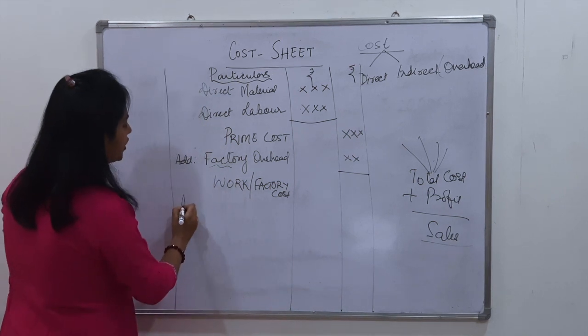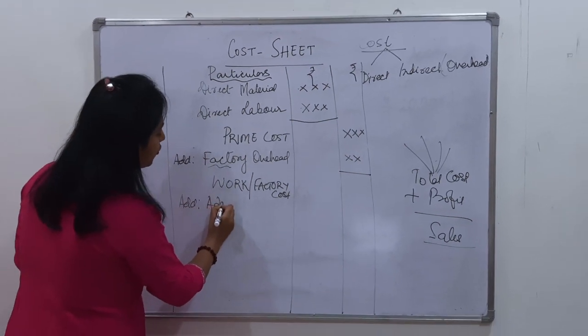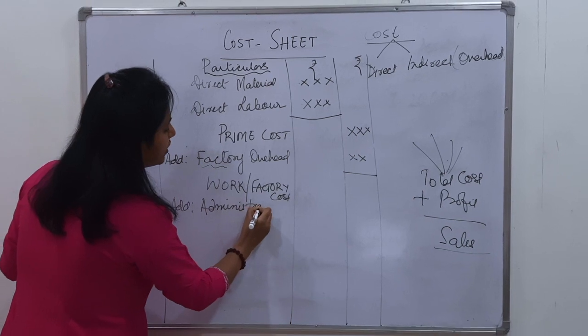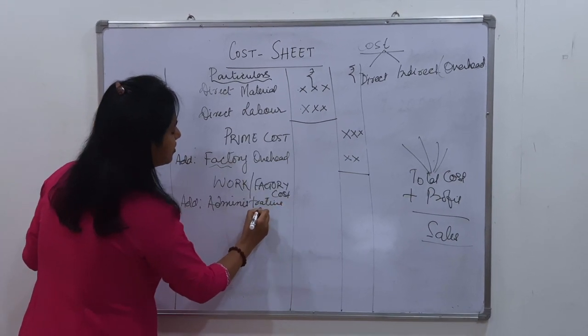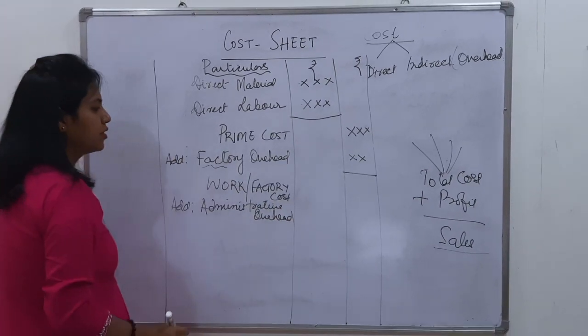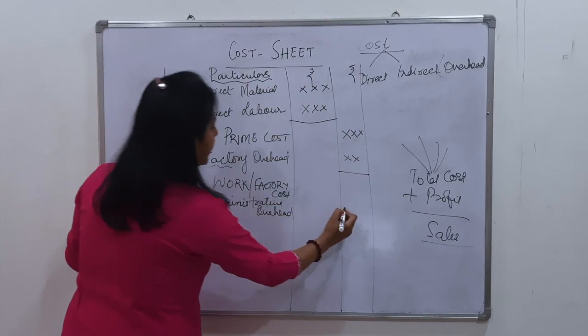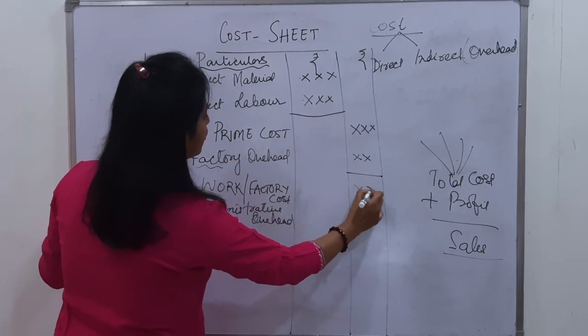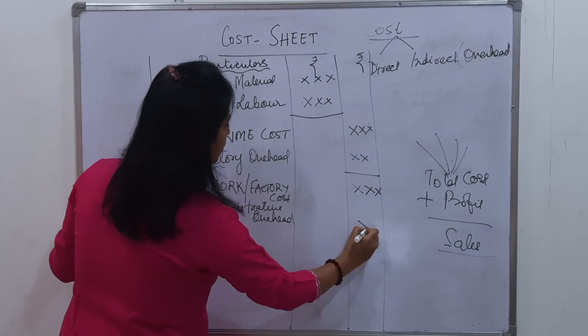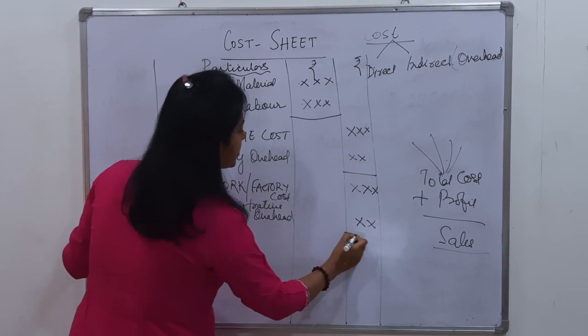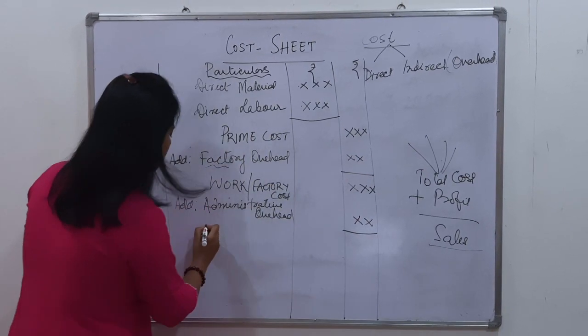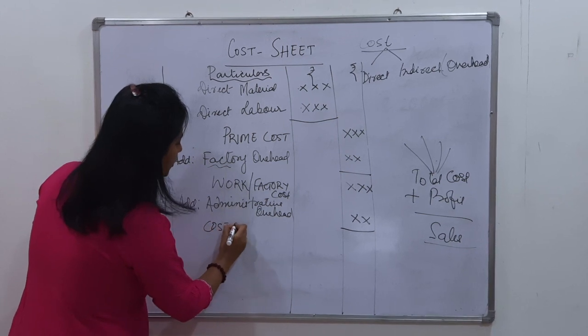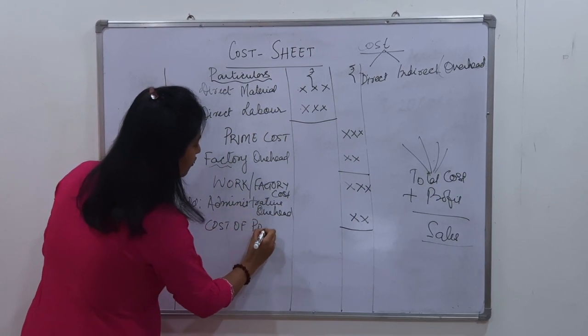With this works cost I am going to add administrative overhead. After factory, whatever administrative expenses are there, I will add them here. What I get is called cost of production.